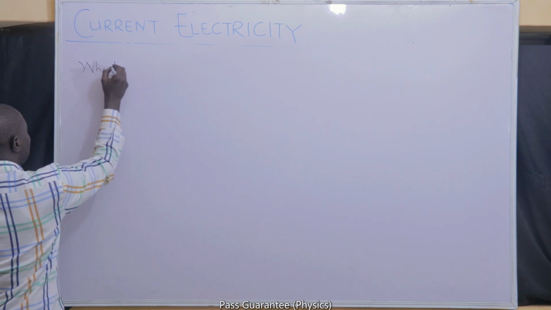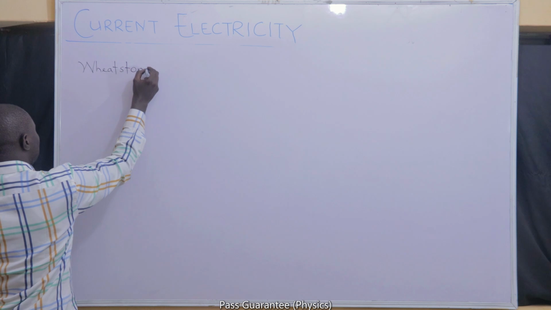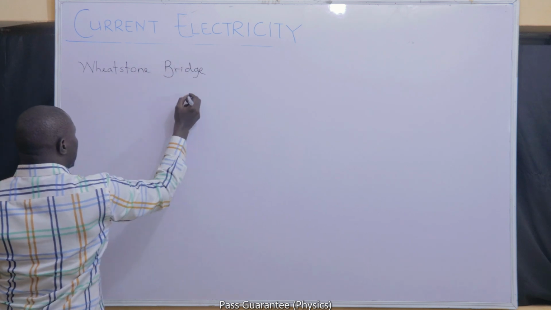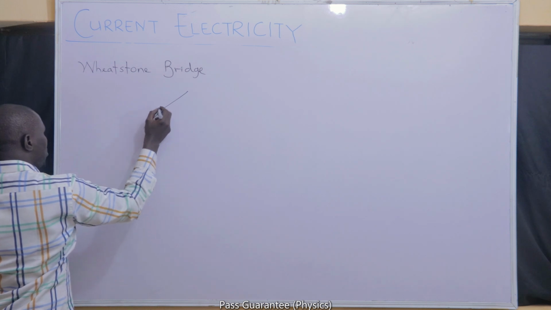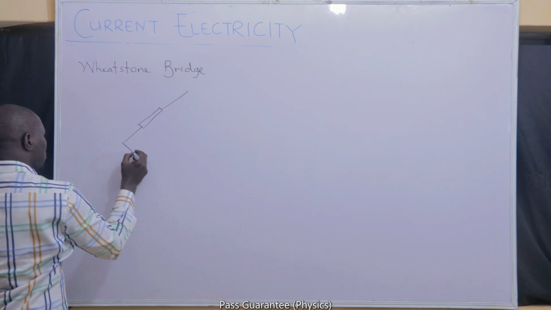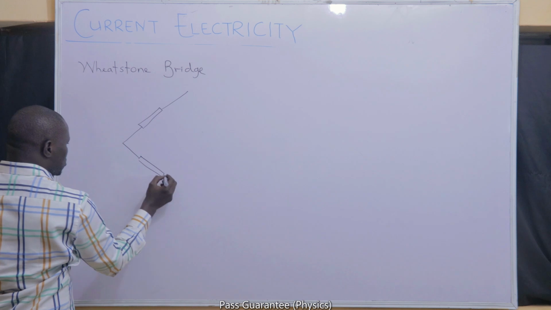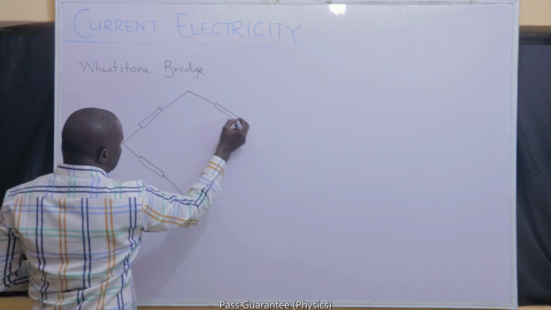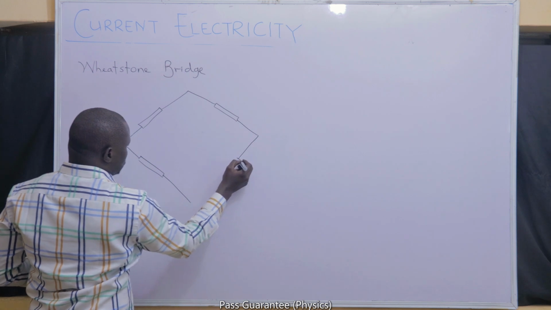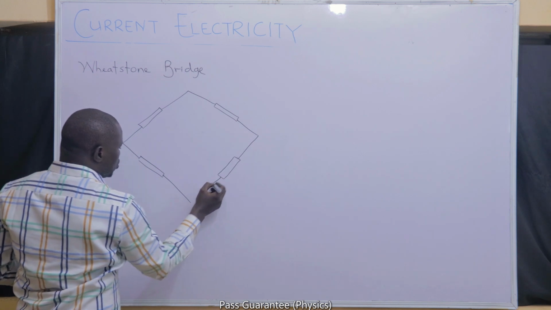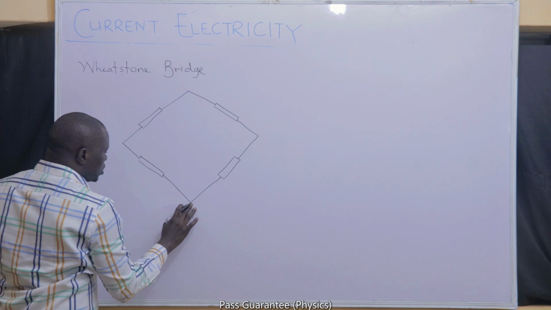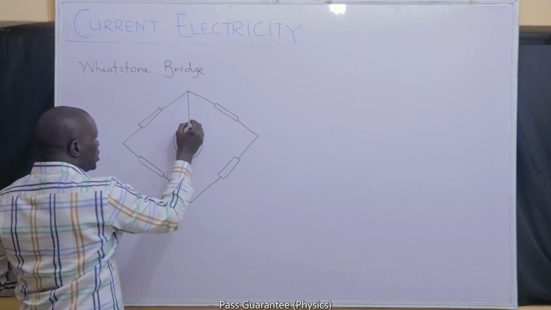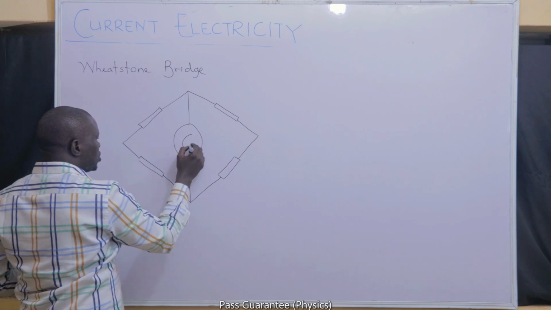The Wheatstone bridge is a circuit that is made up in this form. The Wheatstone bridge measures the resistance of a resistor by using three other standard resistors.